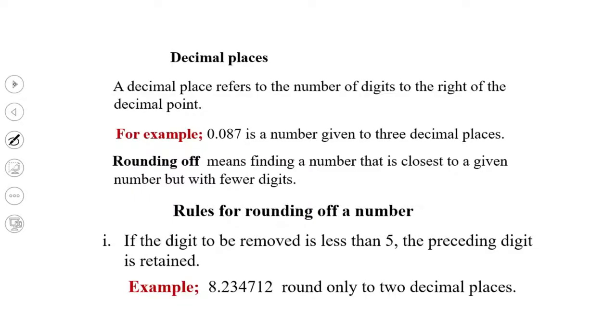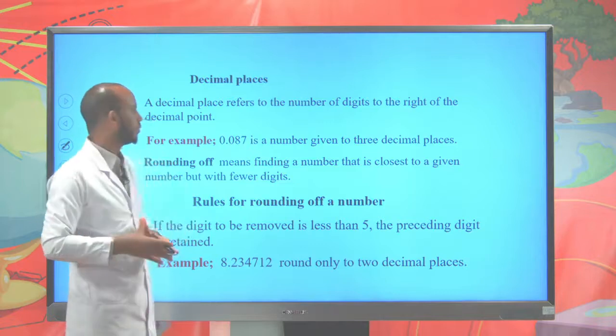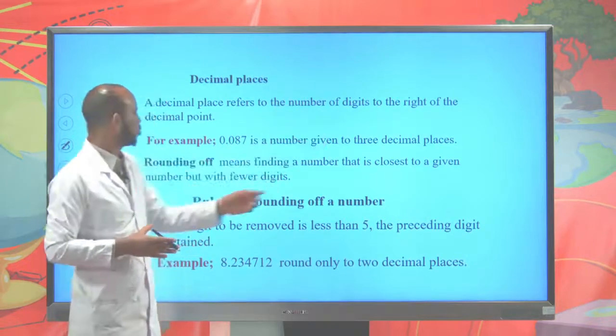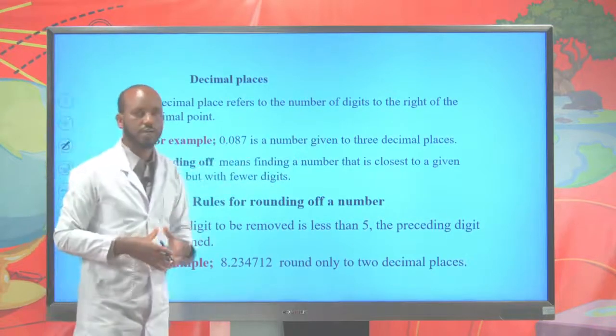Decimal places. Decimal place refers to the number of digits to the right of the decimal point.